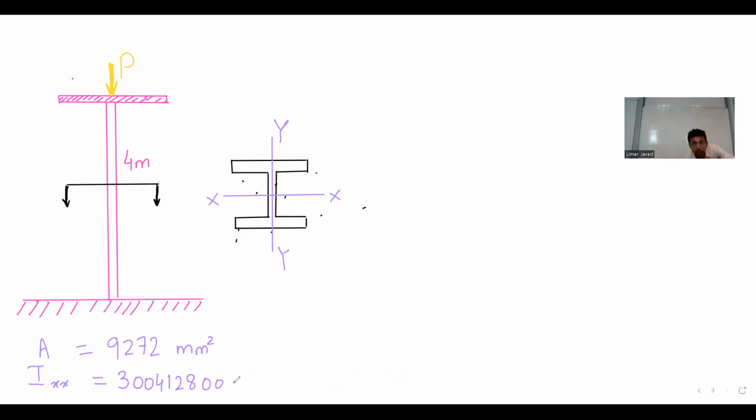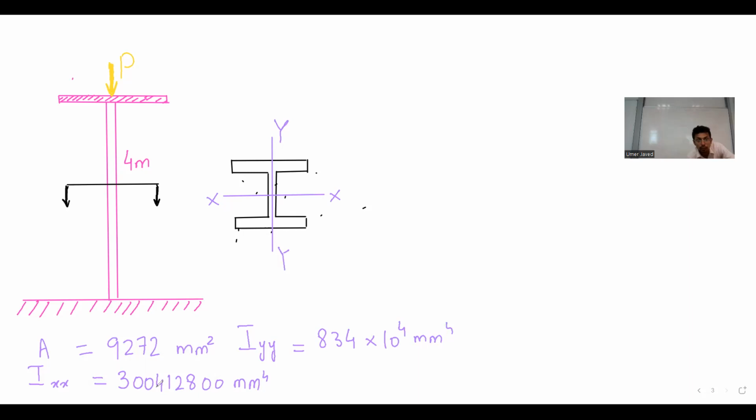I appreciate it. Now I will write millimeter power 4. I'm actually doing it intentionally. Now Iyy is equal to, thank God it's given to me already, 834 into 10 power 4 millimeter power 4.